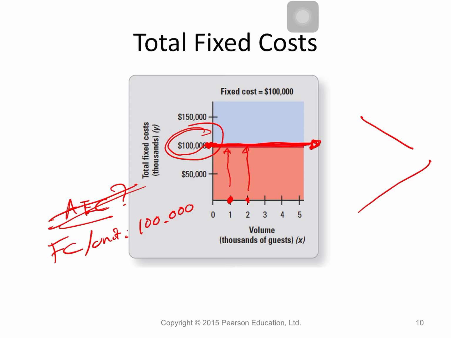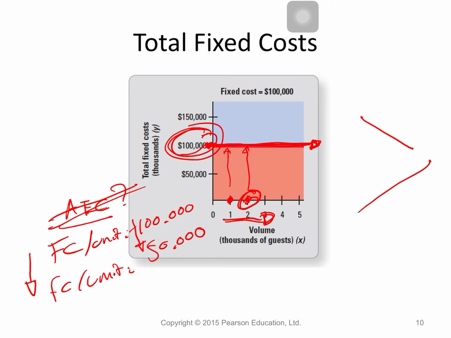How about if you serve two guests? Then the fixed cost per unit will be 100,000 divided by 2, which is 50,000. So if you increase the volume, the fixed cost per unit will decrease.